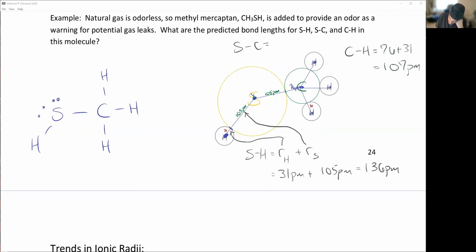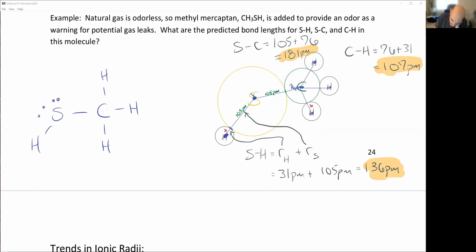The length of SC is 105 plus 76, which is going to be equal to 181 picometers. Okay, so we can calculate bond lengths for all of these. And I think that's all of the bond lengths that we need. So we have 181, 107, and 136.